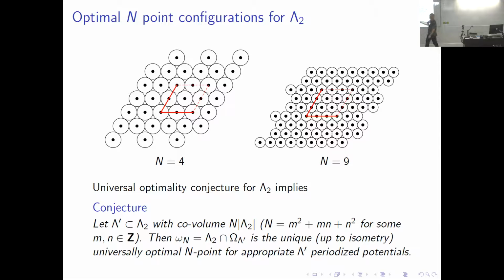Okay, so that's 4. Well, it turns out, so Nate has worked hard. We got 4. Okay, 9, we don't have 9.